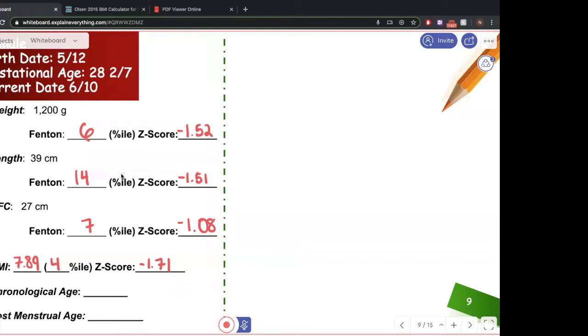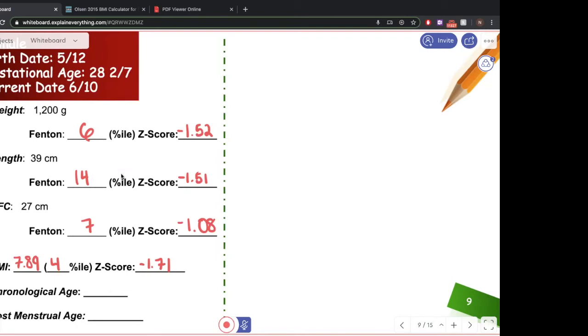So we will evaluate not only the growth and the anthropometric measurements, but we also want to assess the actual intake of the baby. Often with a premature baby, there are what we call extrauterine growth deficits. So the baby doesn't always grow as well as it would have remained in utero.